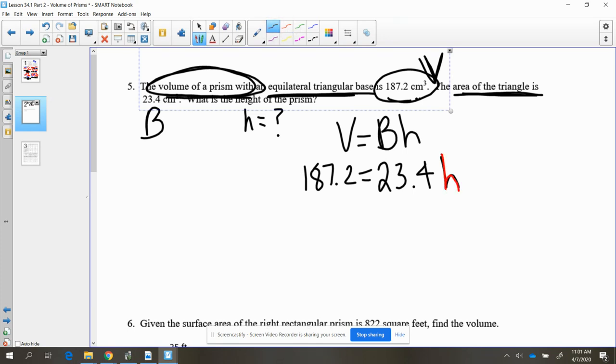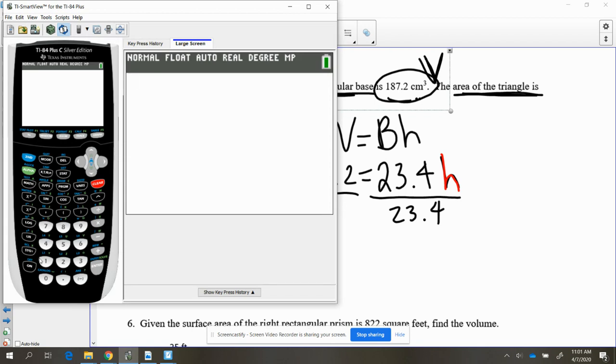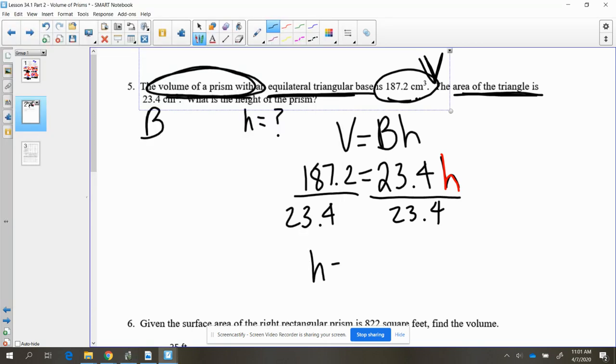Well, in order to do that, if we are multiplying these two, to undo that multiplication, we need to divide both sides by 23.4. So 187.2 divided by 23.4, we get a height of 8 units. Height is 8 centimeters. Notice our units are not squared or cubed because we're just talking about the height in centimeters.